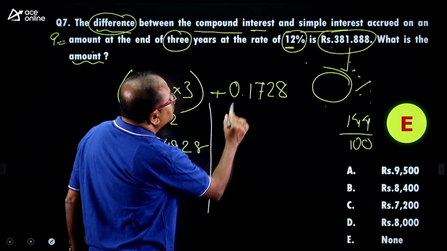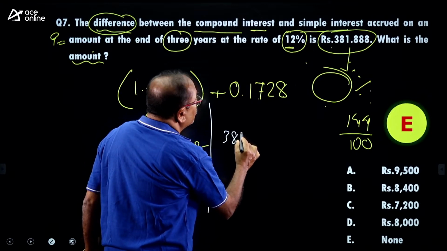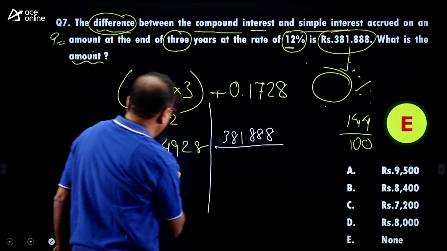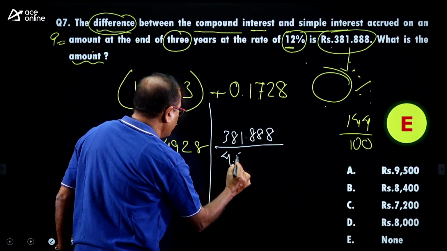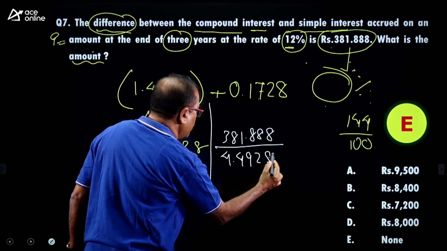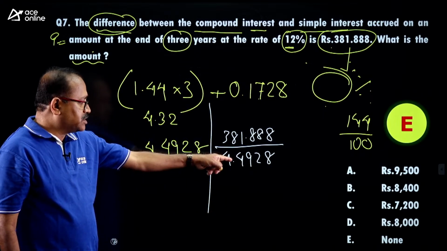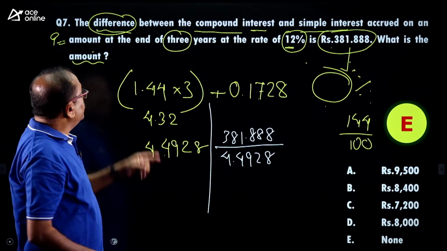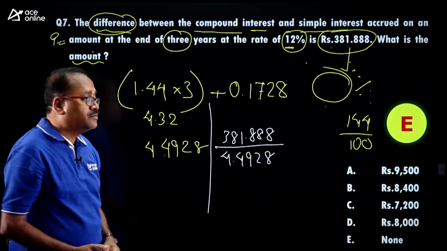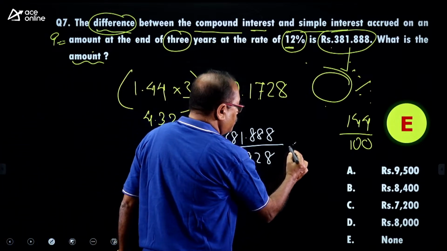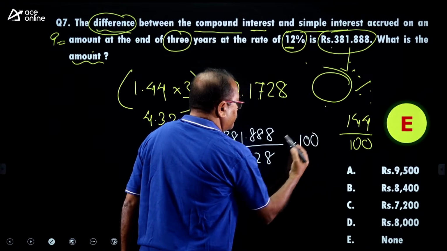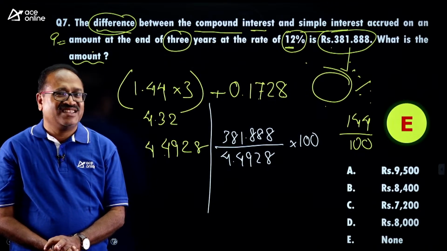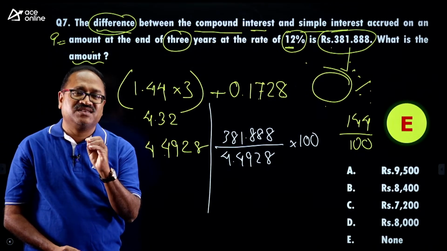That is 381.888 divided by 4.4928. That's the percentage, so I will get 1%. My requirement is 100%, so I will multiply by 100. This will give you the answer. That's all. This is the best way to answer the question.